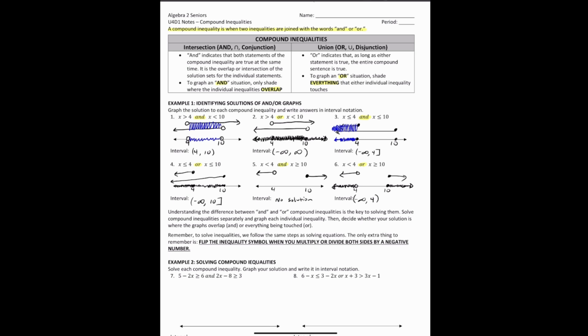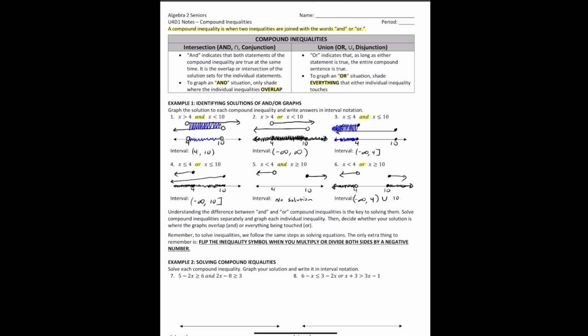But before we do that, we need to make sure that we include this symbol, the union symbol, because we have an OR problem. So I'm going to write union, and then let's look at the interval from positive 10, and it seems like it's going towards positive infinity.